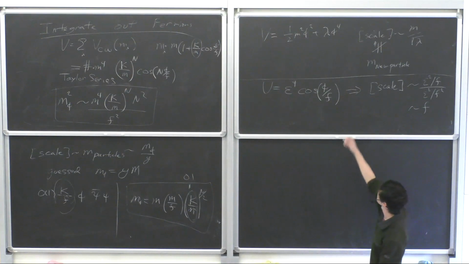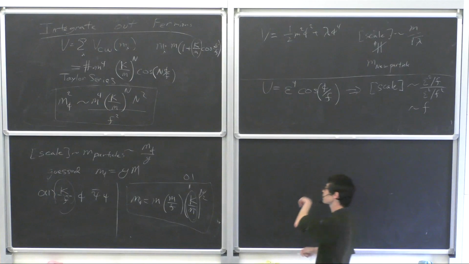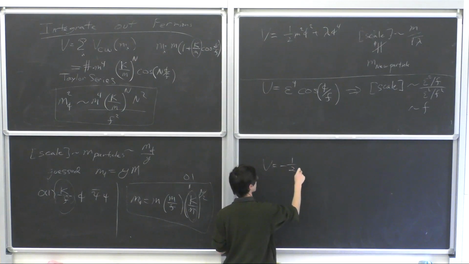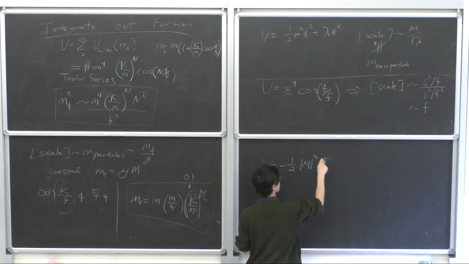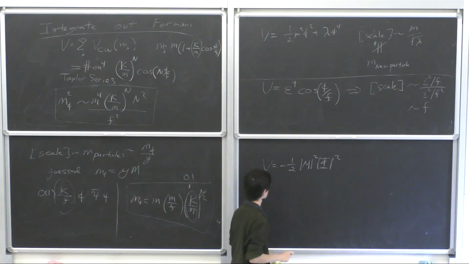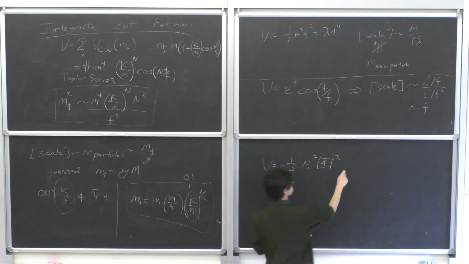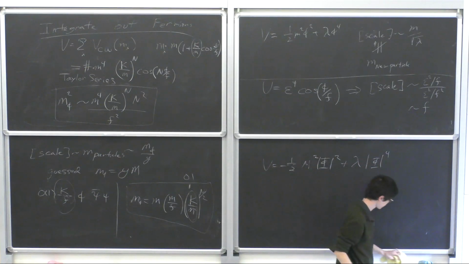Let's say this is very Goldstone boson-like. So we're going to write down a theory that has V equals minus 1/2 m squared phi squared. I guess m can be some real guy. Plus quartic coupling of phi to the fourth. So this gives a nice Goldstone boson.